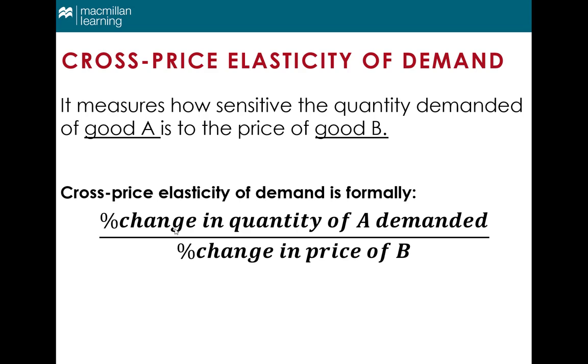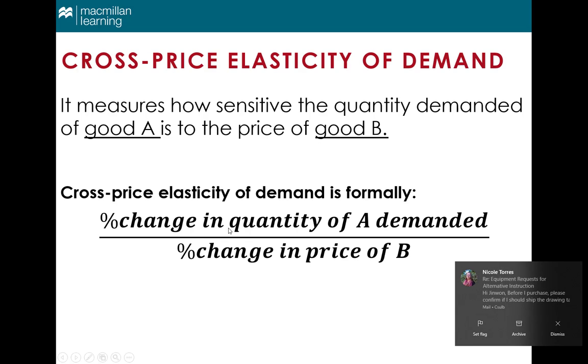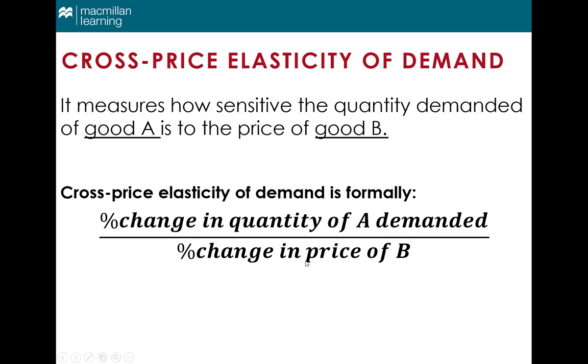Let's briefly review the cross price elasticity of demand. It measures how sensitive the quantity demanded for one good is to the price of the other good. So formally, it's defined as the percentage change in quantity of one good demanded divided by the percentage change in the price of the other good. It's useful to talk about this example.